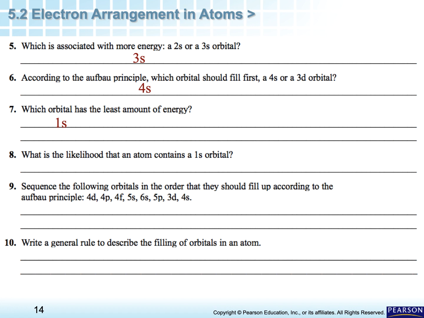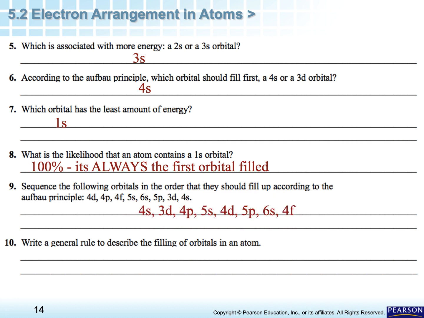Number 8, what is the likelihood of an atom containing a 1s orbital? 100%. It always is the first one filled. You can't go to 2s until you hit the 1s. Number 9 says sequence the following in the order they should fill. So if you're looking along the side, the first one of that listed would be the 4s.